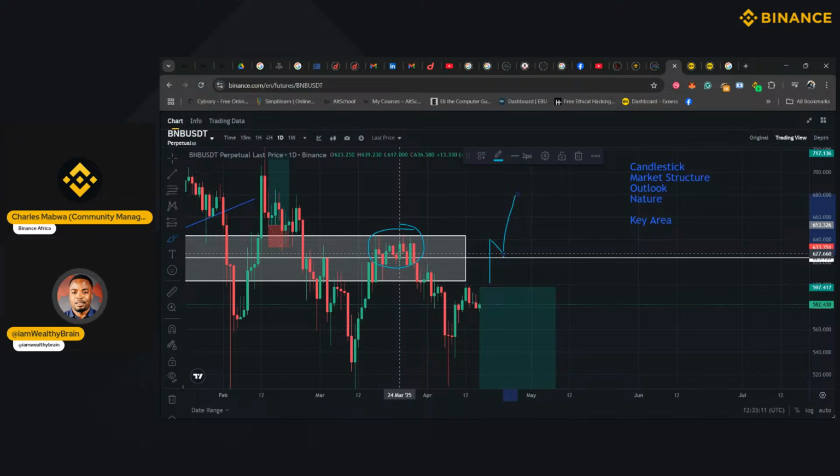Now, if we're looking at, let's say, a Harami candlestick pattern, we could look at these two candlesticks here. We could look at these two candlesticks here. Technically, our formation looks like a Harami, but technically it's not a Harami. A Harami is any candlestick formation where the first candlestick is bigger than the second candlestick.